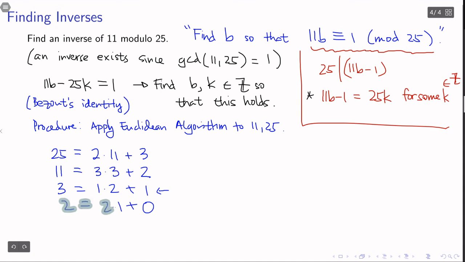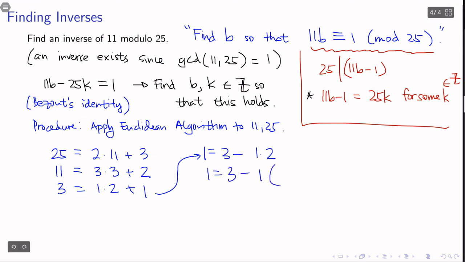Right? And so, in fact, I can now work backwards here and start with the last equation I ended up with and rewrite it in terms of, well, to have 1 isolated on the right, or I'll do it on the left here, and plugging in a value for 2 based on the second equation. So 2 is equal to 11 minus 3 times 3. And I can simplify this to be 3 minus 1 times 11 plus 3 times 3.